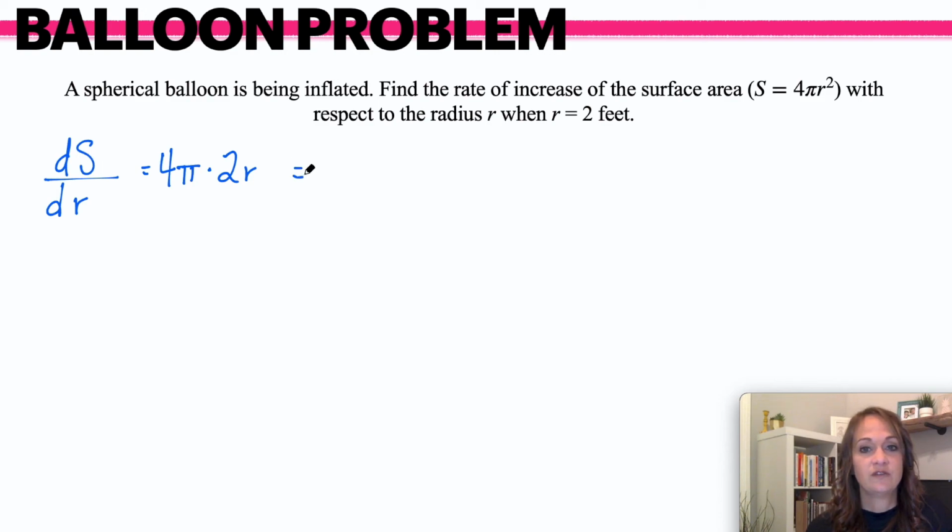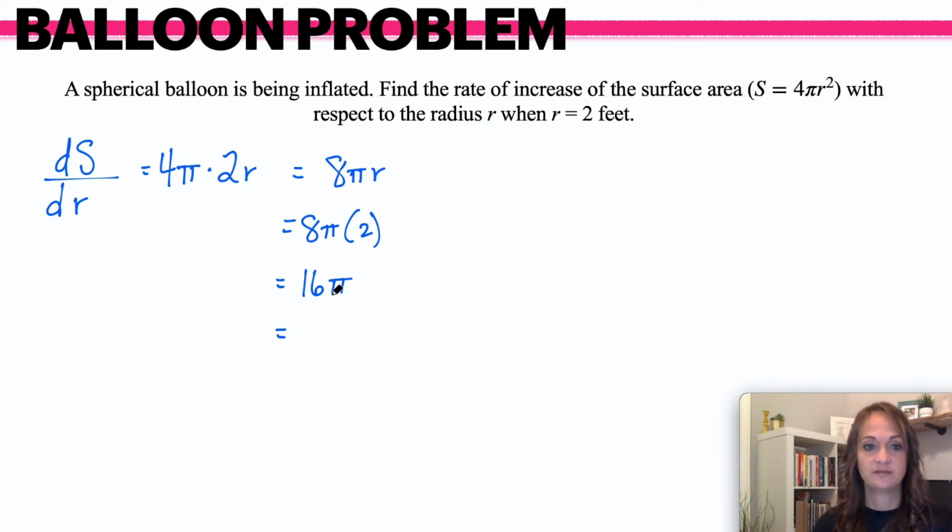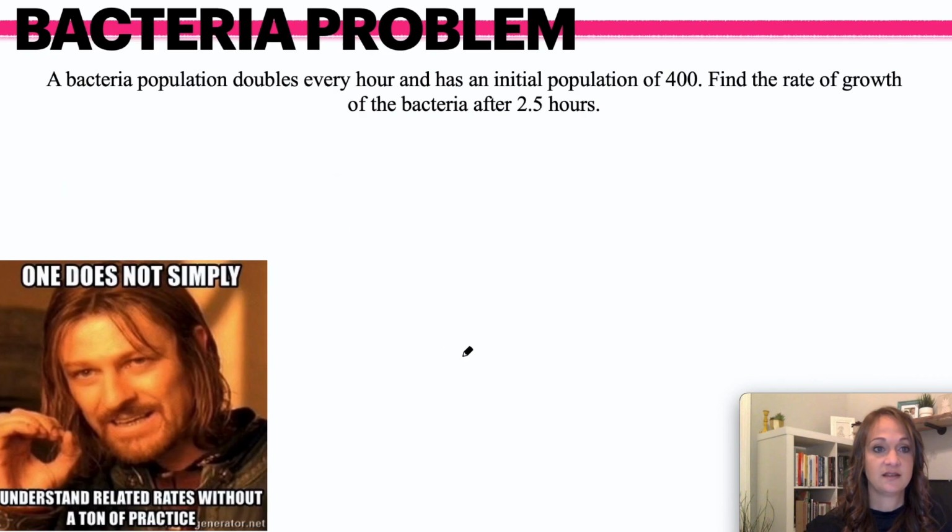So the derivative of the surface area is going to be 8 pi r, and we want to know at 2 feet. So we will get 16 pi, which is 50.27 feet per, in this case, we're not sure if it's per second, per minute, or per hour, but it would be the feet per whatever time is given to us.